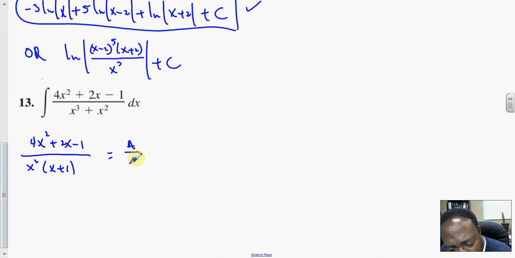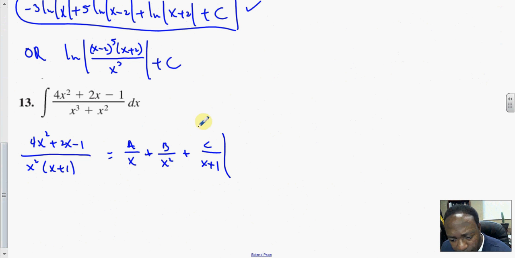So this is a over x plus, here the x is repeated, so this is b over x squared. You do that for repeated terms, right? Then plus c over x plus 1. Well, I guess it was good that I did this.